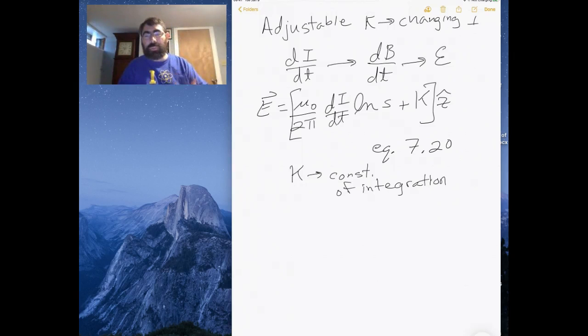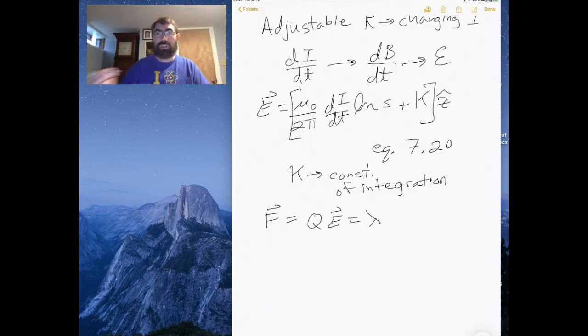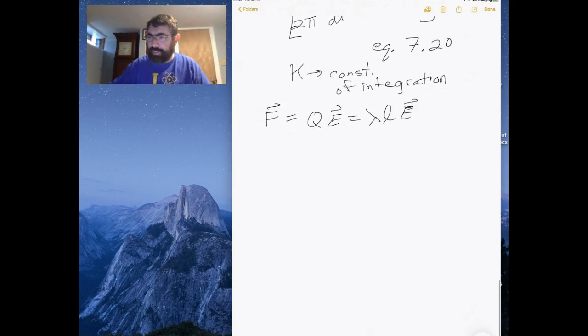Now, what's the point? Well, the point is that if I now have an electric field, then I can calculate the force on a charge. So for a charge that is moving down this conductor, the force pushing that charge is going to be the charge times the electric field. The charge is the linear charge density times the length, times that electric field. Okay, so now we'll put that together.